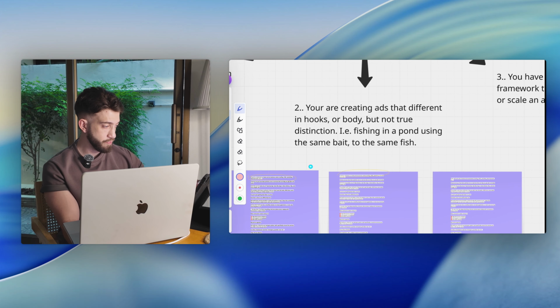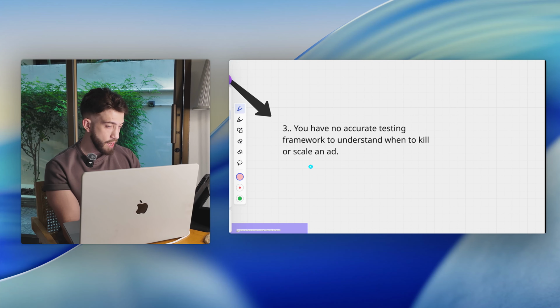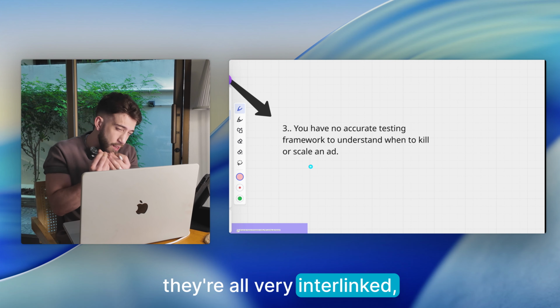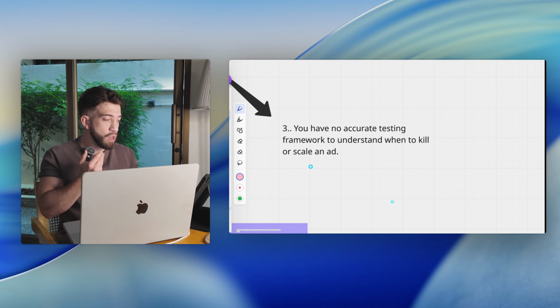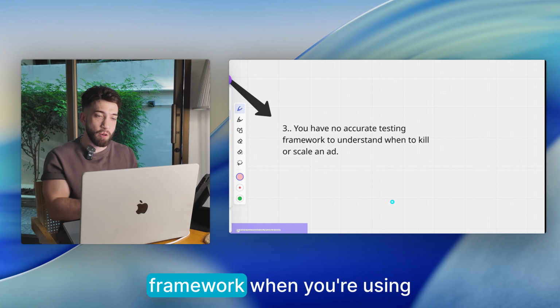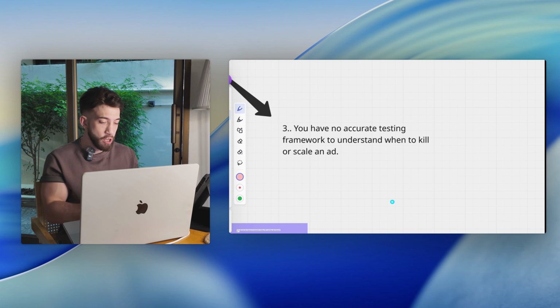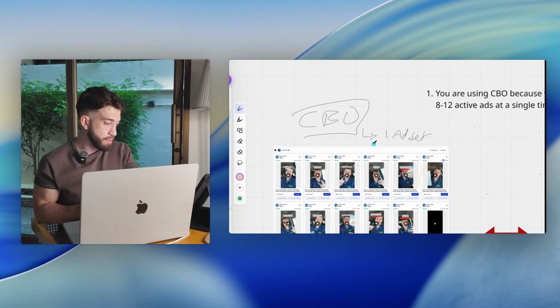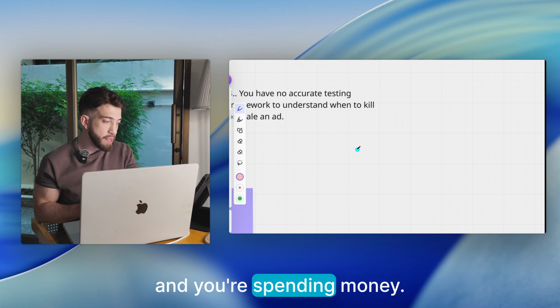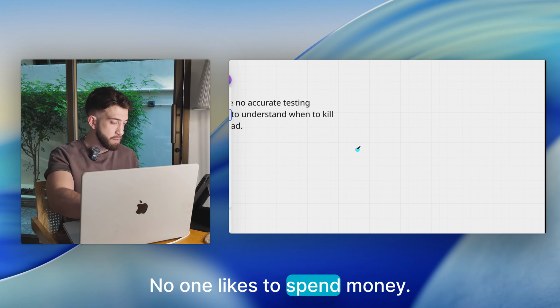The other problem, and again they're all very interlinked, they're very similar, is that you have no accurate testing framework when you're using this. So when you have all these ads running, and you're spending money, no one likes to spend money.